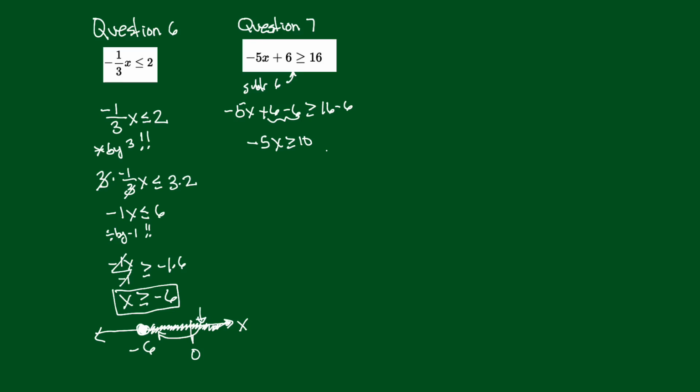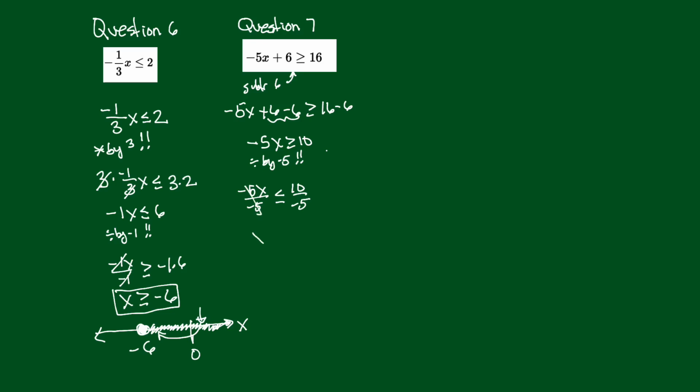Now let's eliminate that multiplication by negative 5. So I'll undo a multiplication with a division. But alert, I'm dividing by a negative, so the direction of that symbol is going to change. So I'll write it out. Negative 5x over negative 5 is now less than or equal to 10 over negative 5.